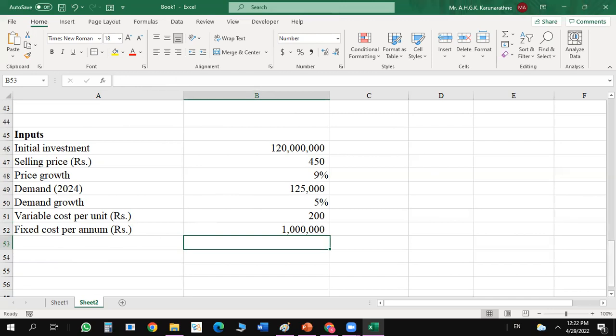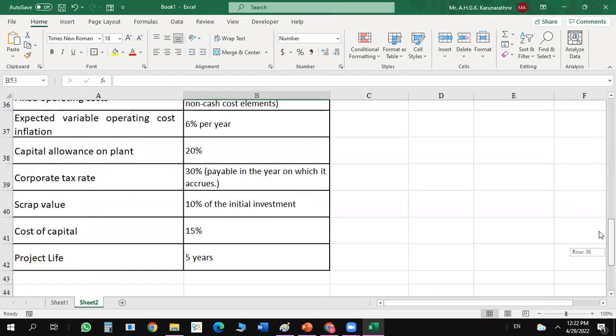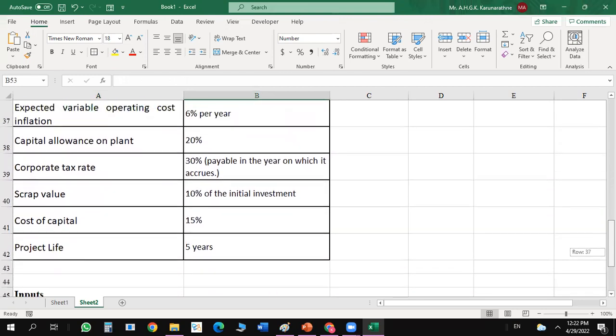Then what else do we have? Variable cost growth 6%, capital allowance 20%, and corporate tax rate 30%.